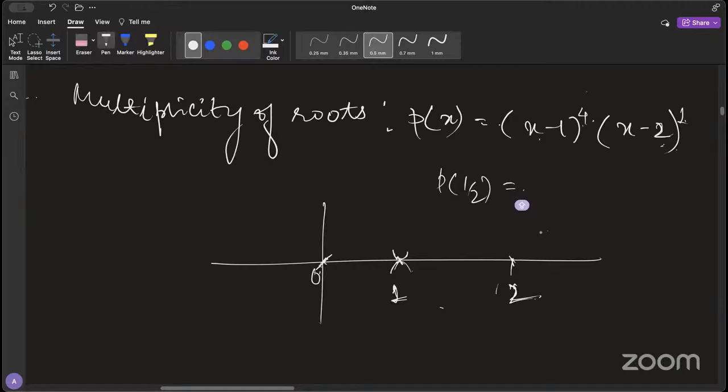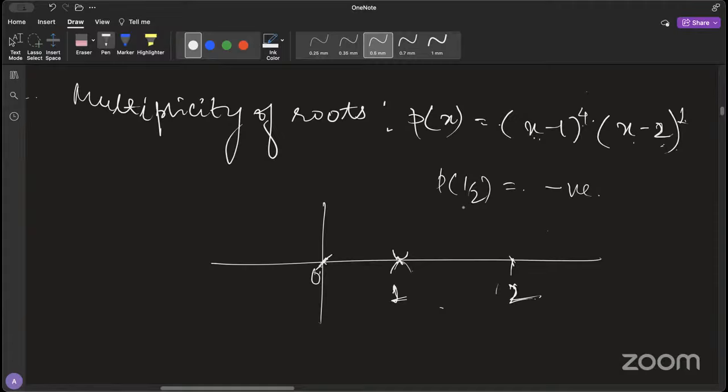We just need the sign. Negative, right? If you substitute half here, you will get a negative number. What number? We don't need that. We just need the sign. So you will get a negative number, right?